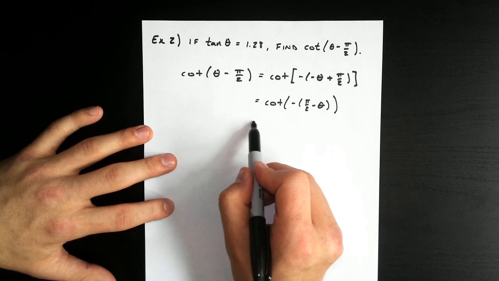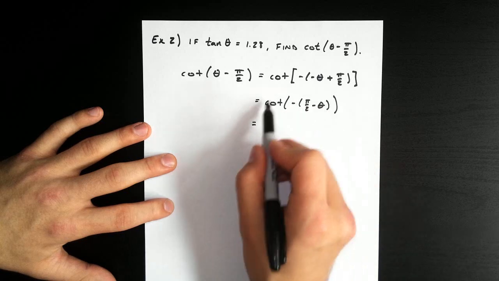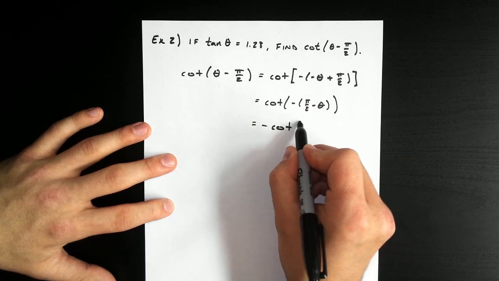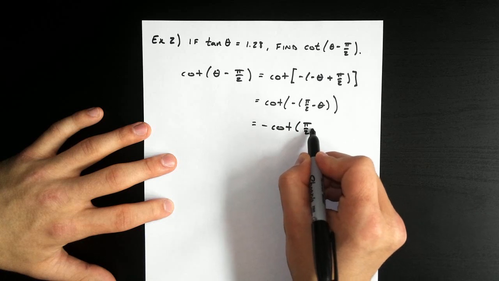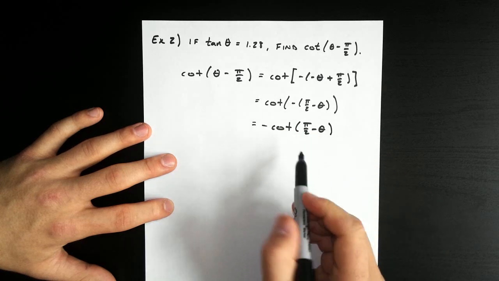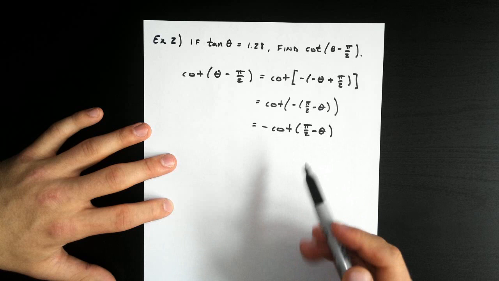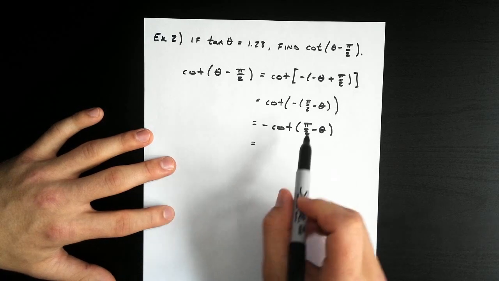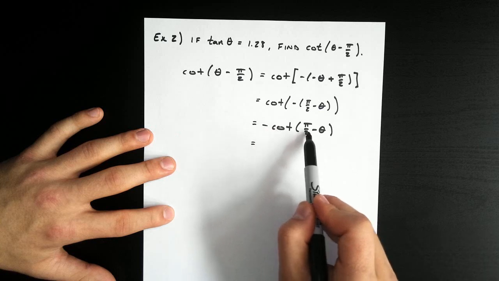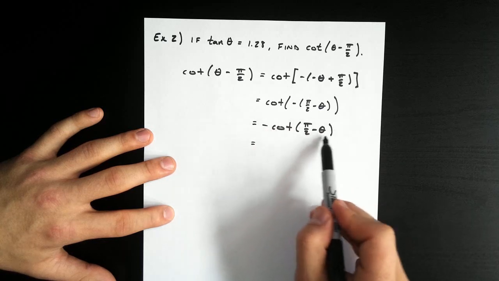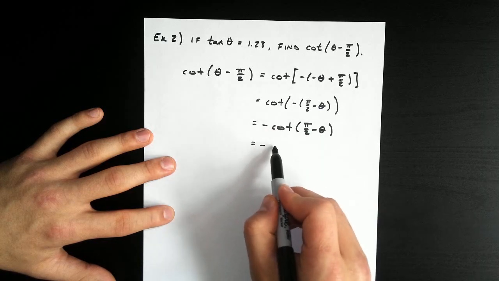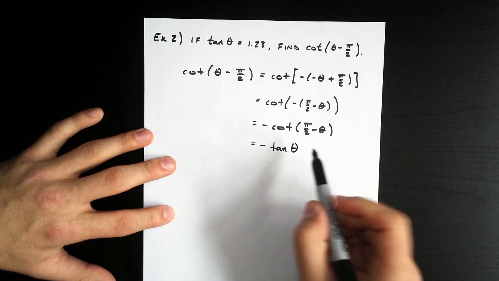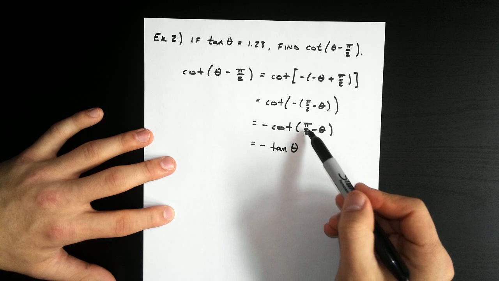We know that cotangent is odd, so this is going to be the same as if the negative was on the outside. Okay, so the opposite of the cotangent of pi over 2 minus theta. Cotangent of pi over 2 minus theta, this is our cofunction, so now we can replace this with the tangent of theta, because these two are the same.